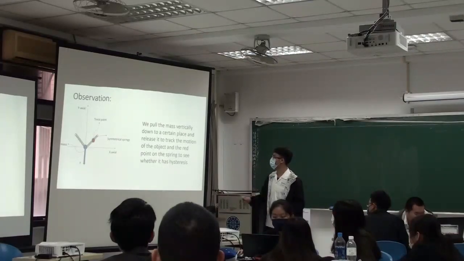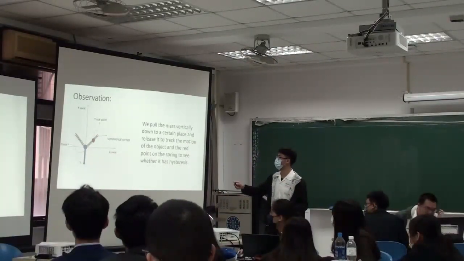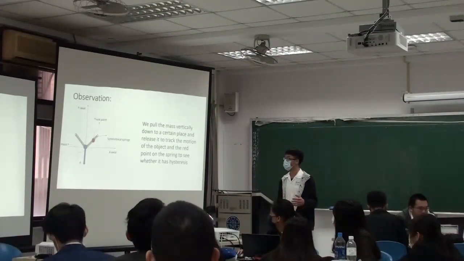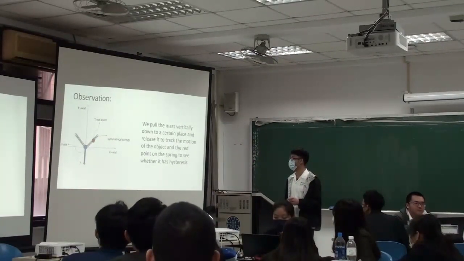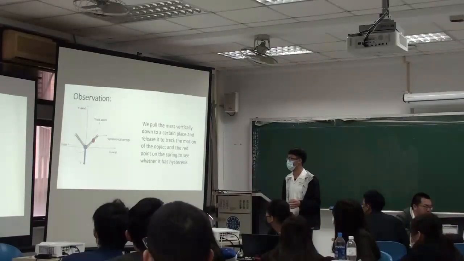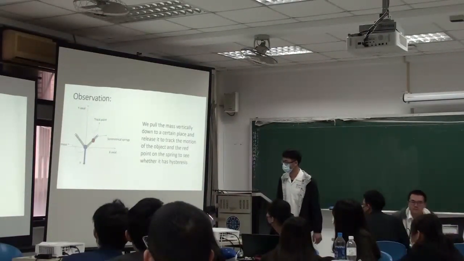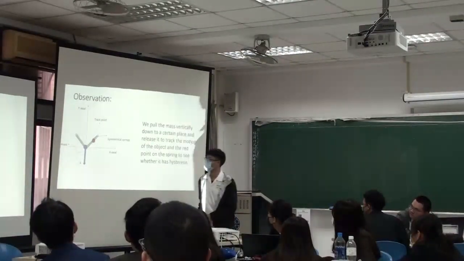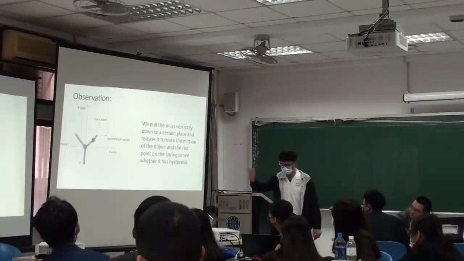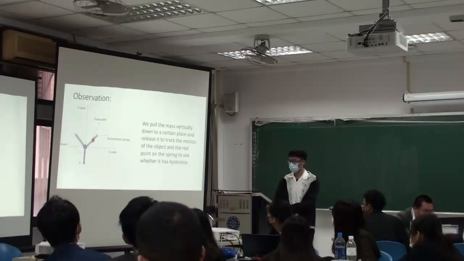We pull the mass vertically down to a certain place and release it to check the motion of the object and the red point on the spring, to see whether it has spring hysteresis. We use this extra force to pull the ball down and then relax.